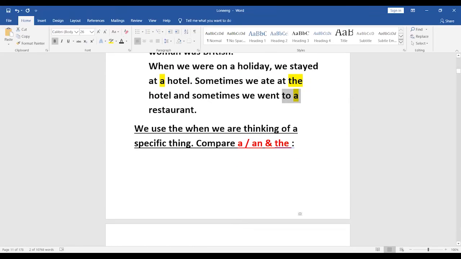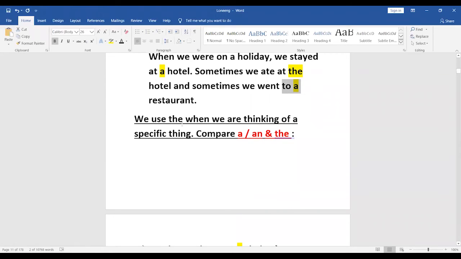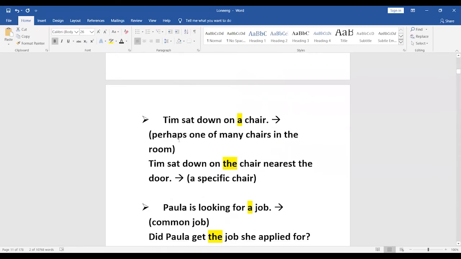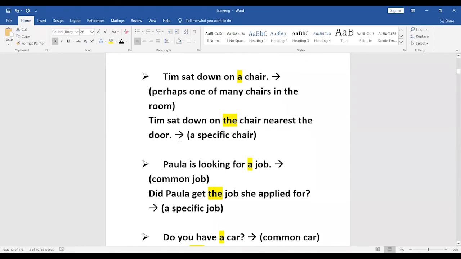Okay, let's take a look at a few examples. We use the when we're thinking about specific things. I told that earlier. Compare a, an, and the. So let's take a look at a few examples. Tim sat on a chair. He just sat on a random chair, a common one. Perhaps there were many chairs in the room, and that's just one amongst all the other chairs. So that's why we're using a here.